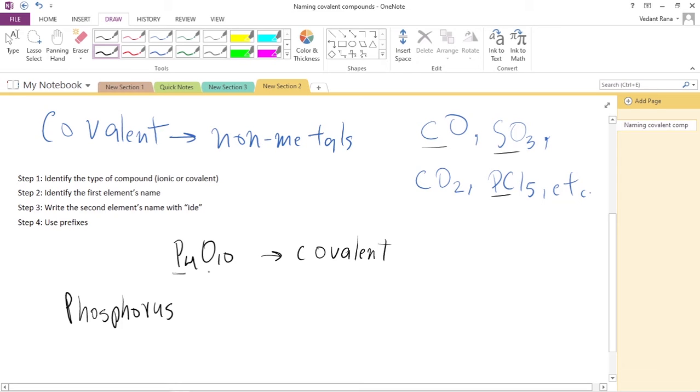The second element here is oxygen, and we have to replace YGEN with IDE. So we have to write oxide. So we get phosphorus oxide.